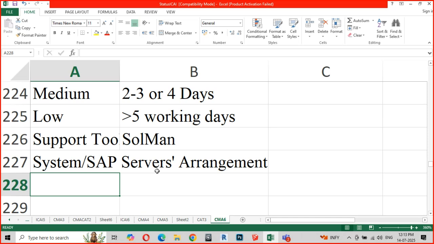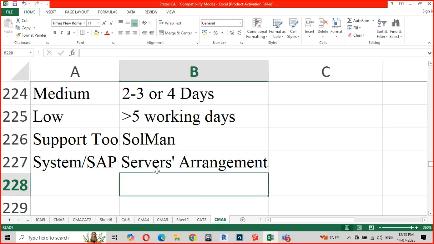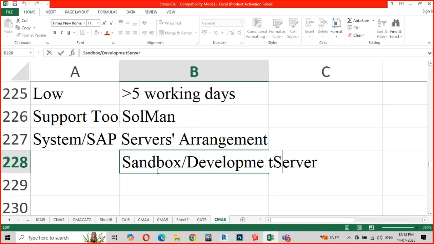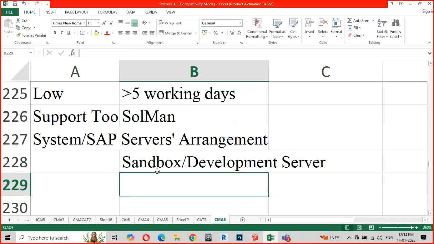Now, I, as a consultant, how will I know the issue? The end user has reported the issue. So I would start building up the solution in something called a scratch pad. I can have a sandbox server or a development server.